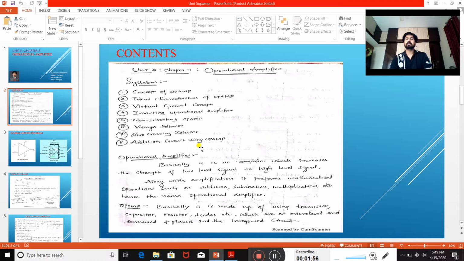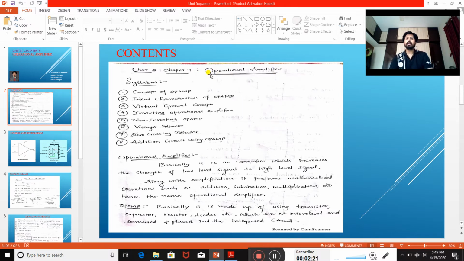Similarly, the operational amplifier does the amplifier work, along with some operations, the mathematical operations, which are nothing but addition, subtraction, multiplication, division, etc. Hence the name operational amplifier.